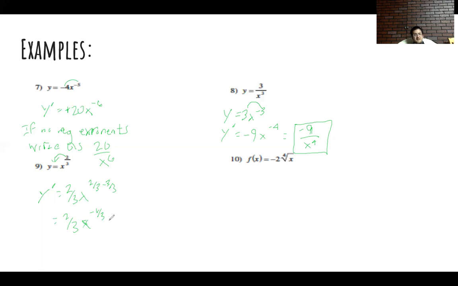What you can do here is take inventory of your numerator and denominator. I have 2 over 3, and then the x to the negative 1/3, I would put in the denominator as a positive exponent. You could write this as 2 over 3 times the cube root of x.